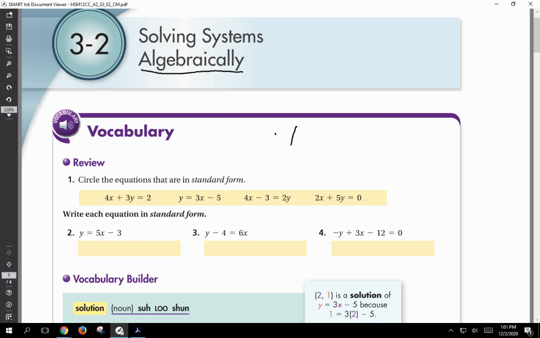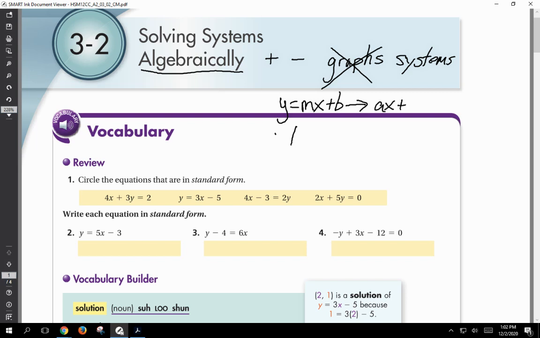And algebra means for this, actually, we're going to add or subtract the actual graphs, or instead of saying the word graph, we could say the systems, or we could say the y equals mx plus b format, which we're going to change into the standard format of ax plus by equals c, which we can then add or subtract, getting rid of variables to solve.